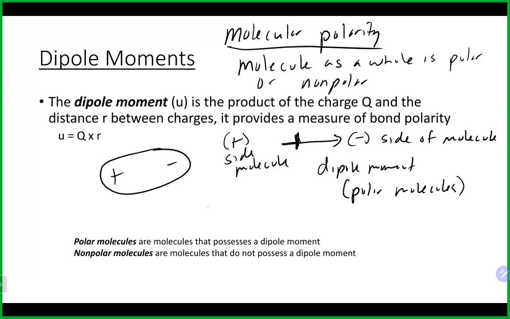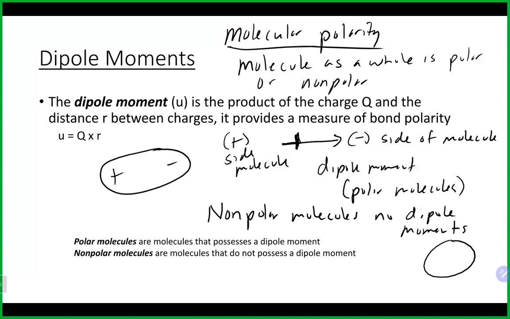Nonpolar molecules do not have dipole moments. They are essentially neutral molecules. There is no negative side to that molecule. There's no positive side to that molecule. You basically have overall equal distribution of those electrons, so you don't get any type of charge.